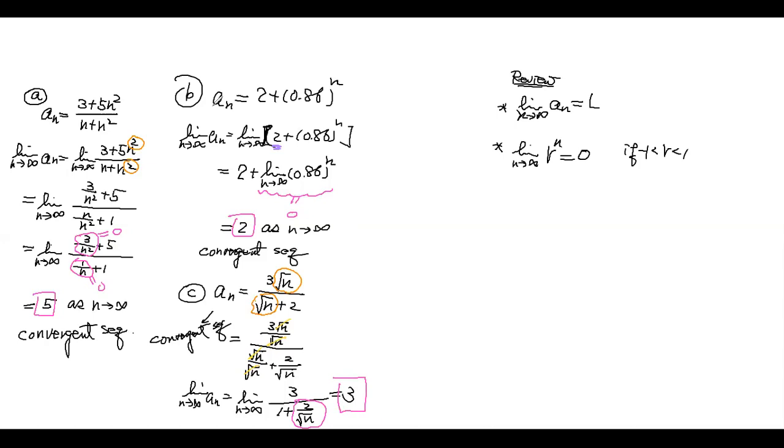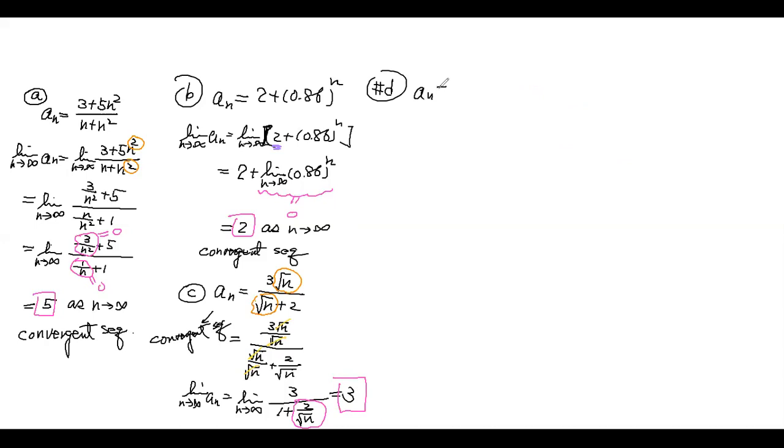Now, let's take a look at part D here. I'm going to erase so I can have more space to write. Okay, so part D is a_n equal to 4 to the n over 1 plus 9 to the n.